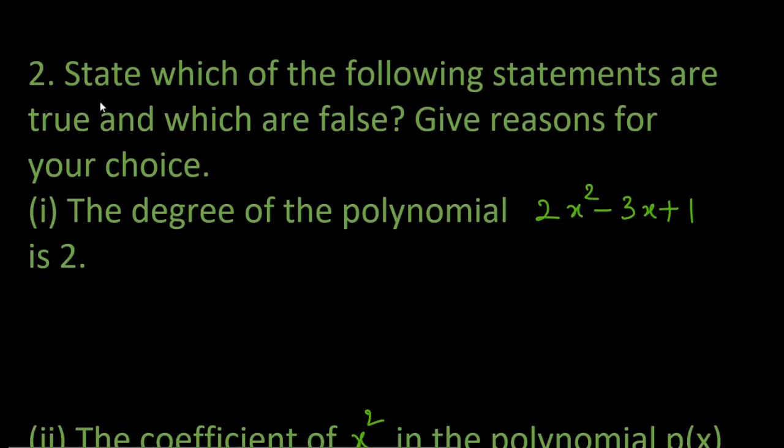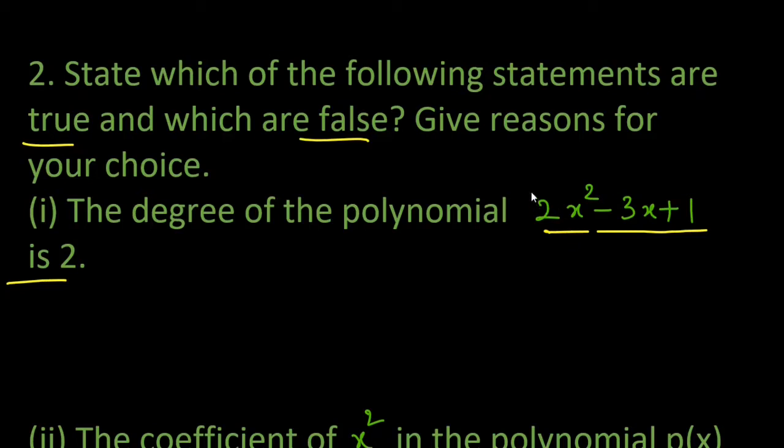Second one, state which of the following statements are true and which are false. Give reasons for your choice. First one, the degree of the polynomial 2x square minus 3x plus 1 is 2.